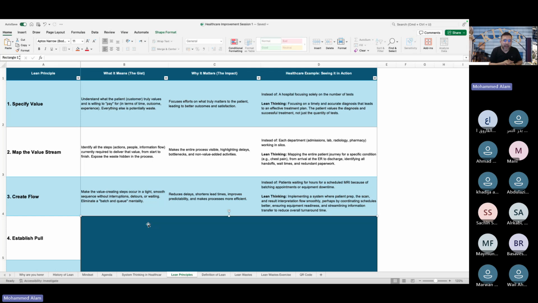Let's say you go to a bank and you apply for a loan. The loan process is usually that you apply, somebody looks at your application, somebody approves the application, and then somebody makes a decision whether to give the loan or not. Now, in a bank, multiple people apply for a loan, so they create a batch.